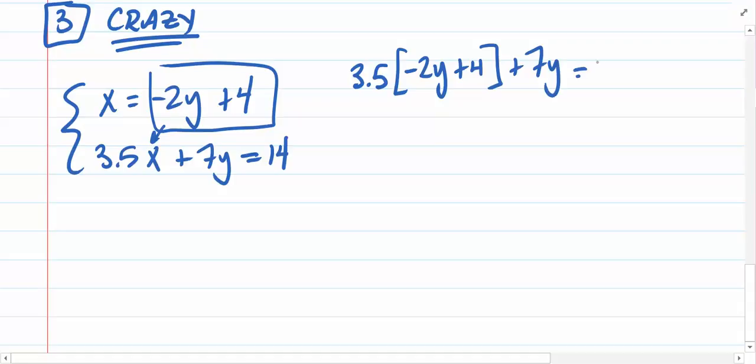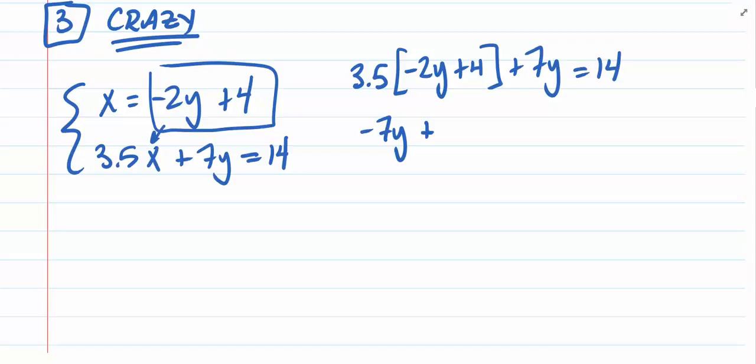Okay, help me out. What is 3.5 times negative 2? That would just be negative 7y, right? Okay, what's 3.5 times 4? 14. Okay, plus 7y is equal to 14.